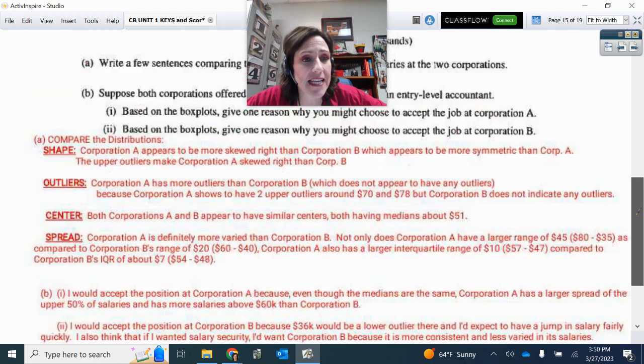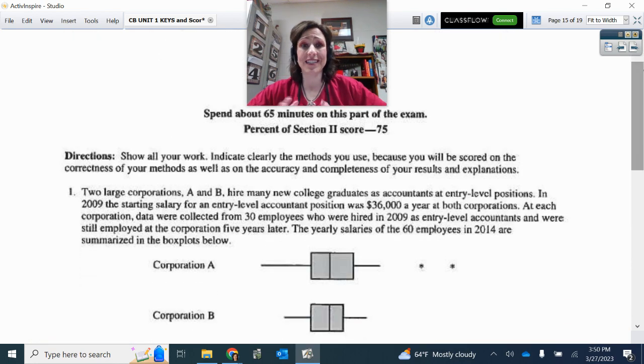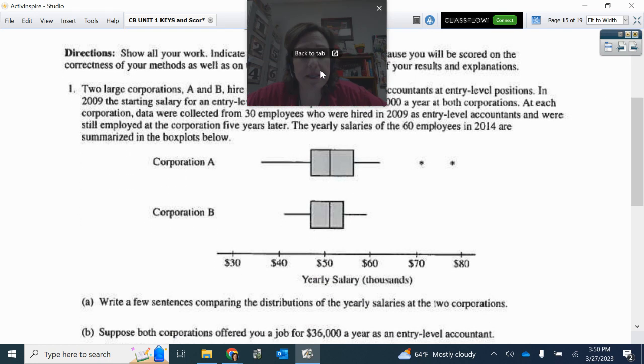All right, next it asks you, based on the information, if you were offered a job for $36,000 as an entry level accountant, based on those box plots, give one reason why you might choose to accept a job at Corporation A, and then also justify why you might choose to accept a job at Corporation B. Now, they wanted statistical language and justification, such as something like this.